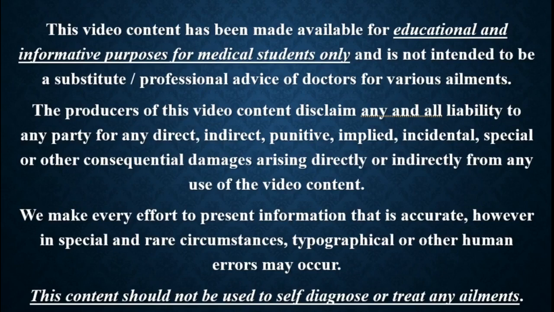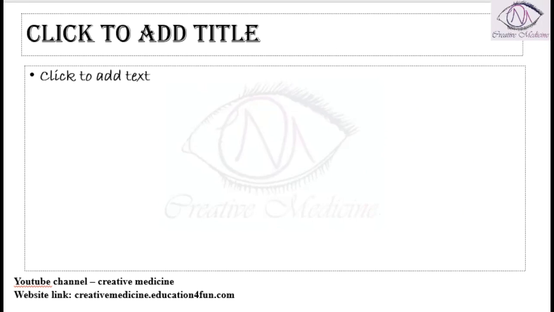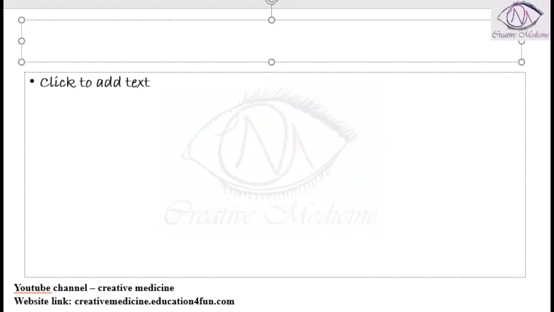In this lecture, we will learn about gastric ulcers. We have a classification which is important for gastric ulcers: the modified Johnson's classification. According to the modified Johnson's classification of gastric ulcers, there are five types.